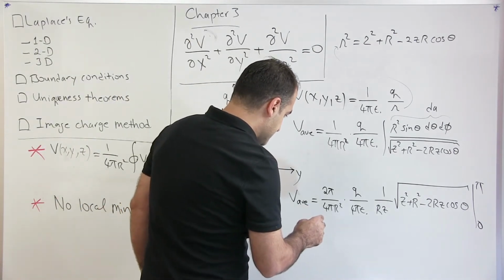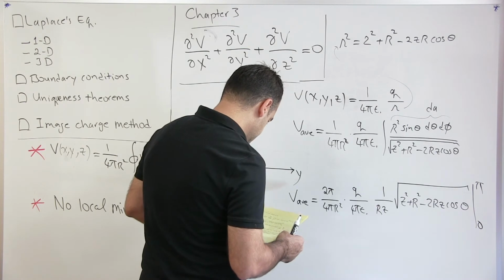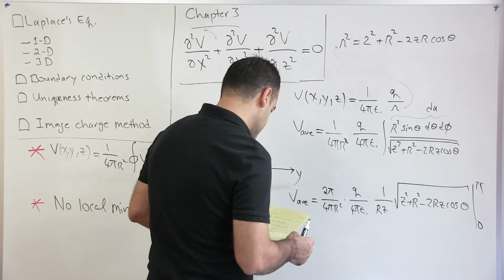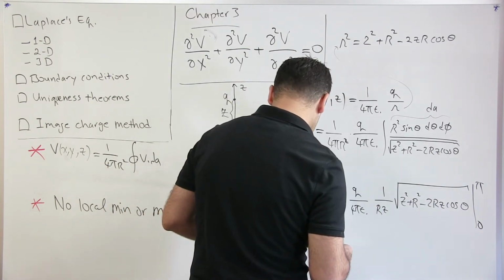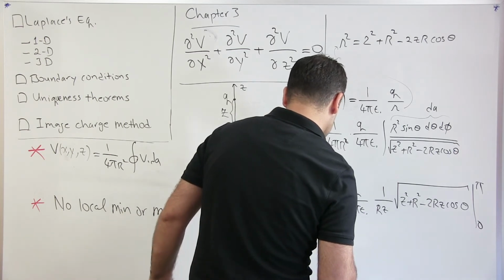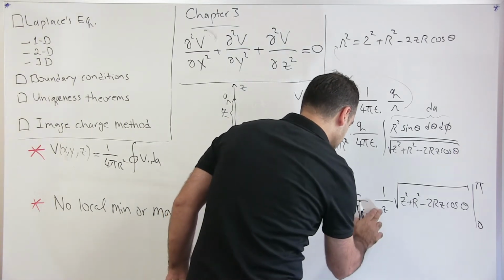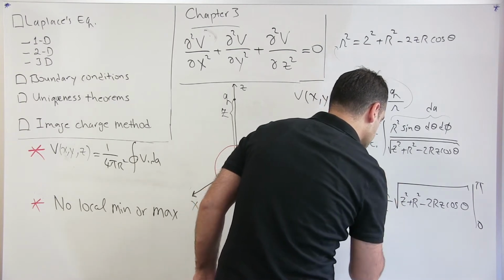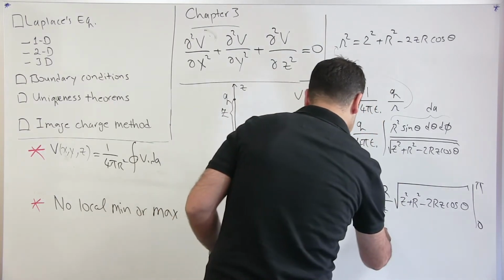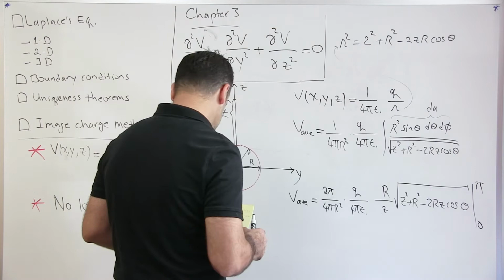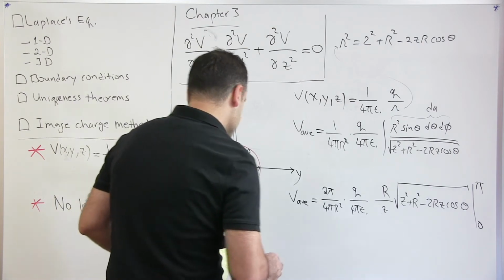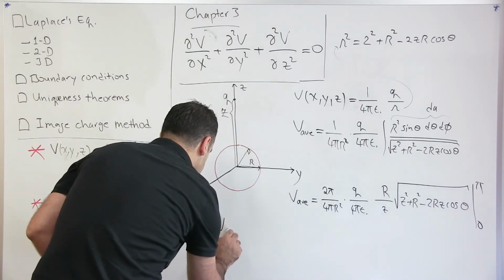Okay, so we can simplify things a little bit. By the way, we get R in the numerator here, not in the denominator. Okay, so then we average.